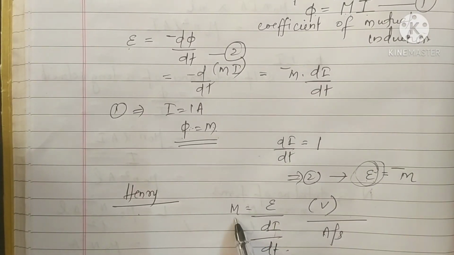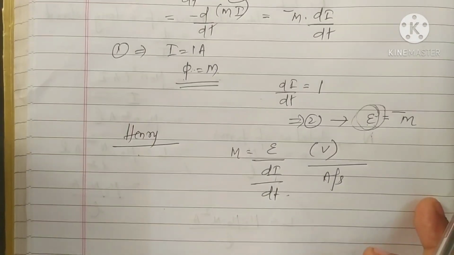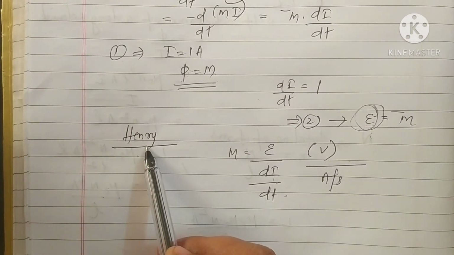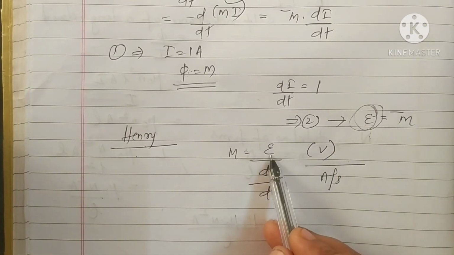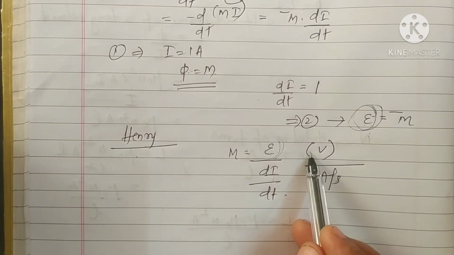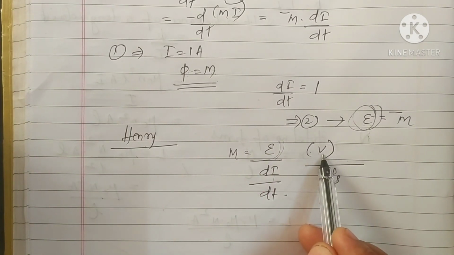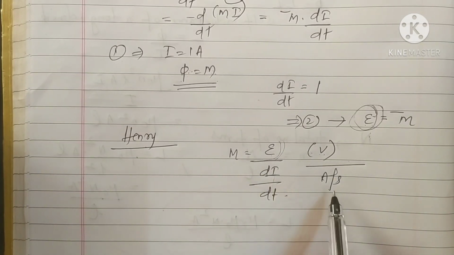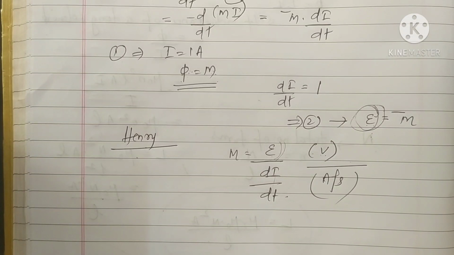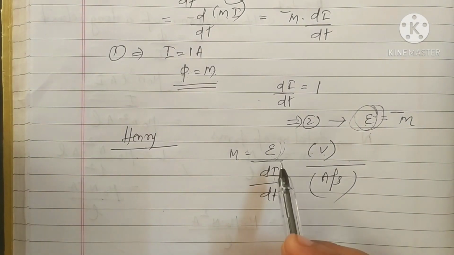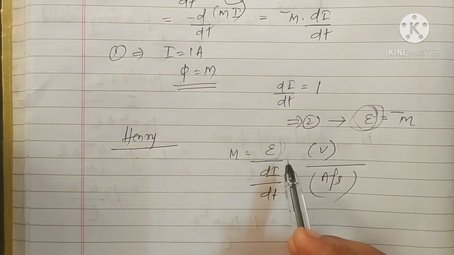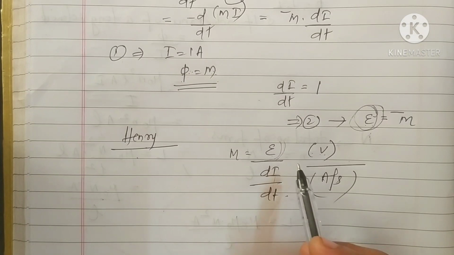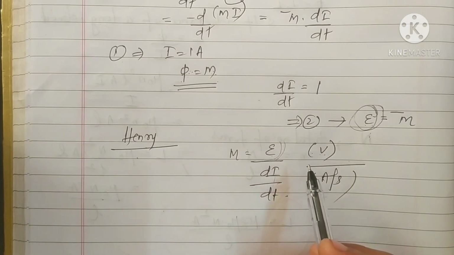So mutual inductance of two coils is said to be 1 Henry if an induced EMF of 1 volt is set up in one coil when the current in the neighboring coil changes at the rate of 1 ampere per second. Just a difference, because current in the primary coil is the reason for the magnetic flux in the secondary coil, so in that way you have to define it. That's only the change.